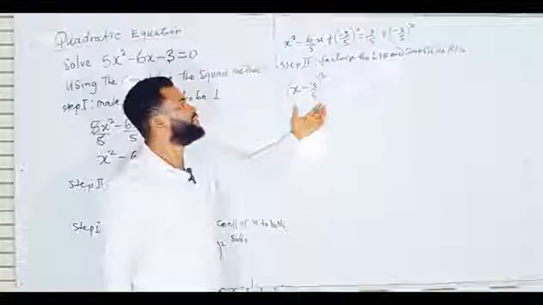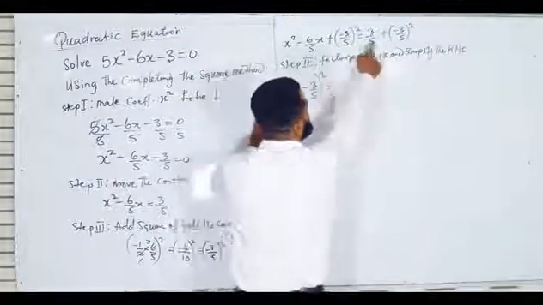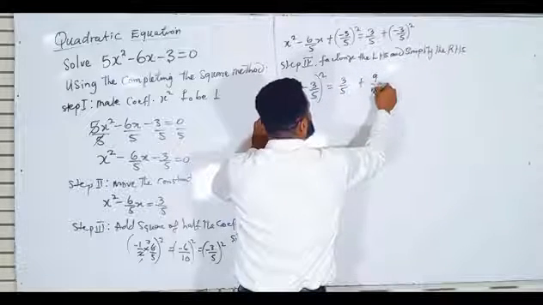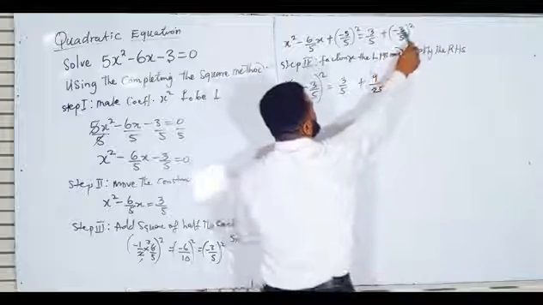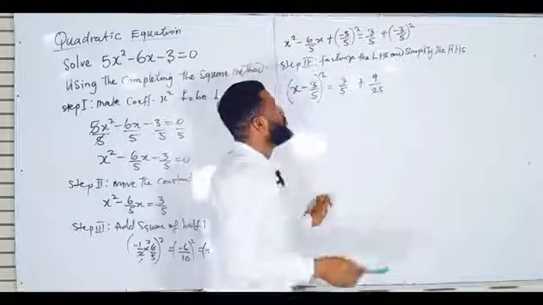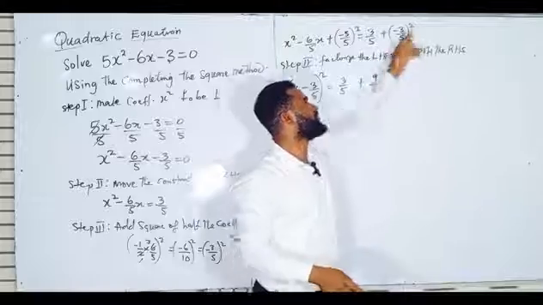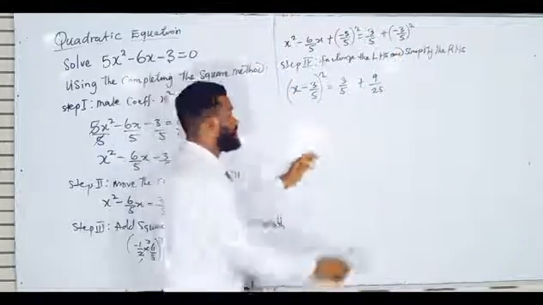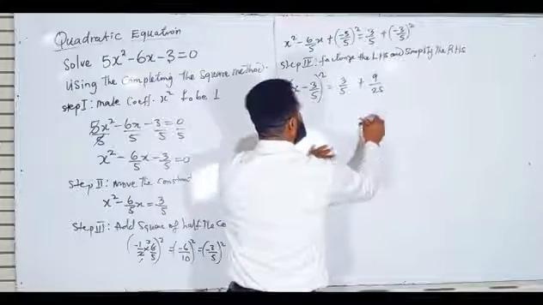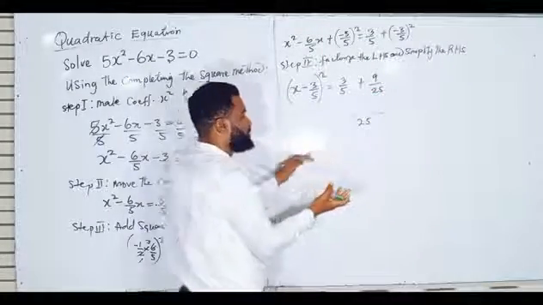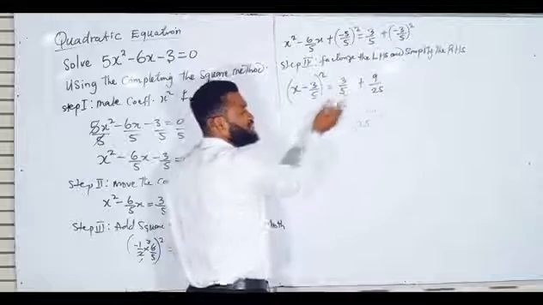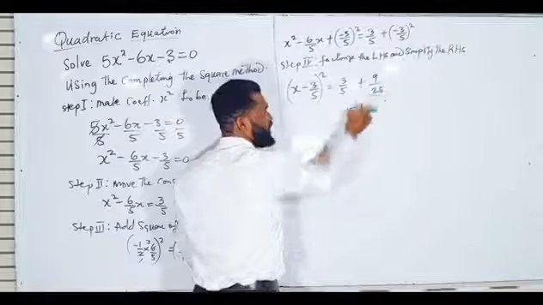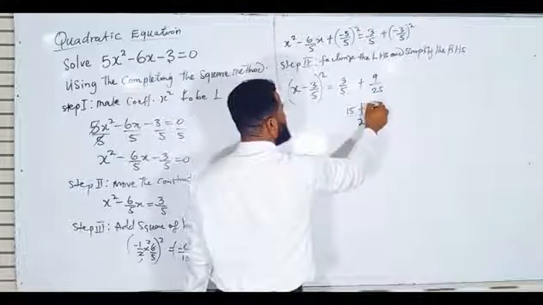This is going to be equal to 3 over 5 plus 9 over 25. When you square this, the minus will go. So 3 squared is 9, 5 squared is 25. I'm going to simplify this part further. The LCM of 25 and 5 is 25. 25 divided by 5 is 5, 5 times 3 is 15, plus 25 divided by 25 is 1, 1 times 9 is 9.